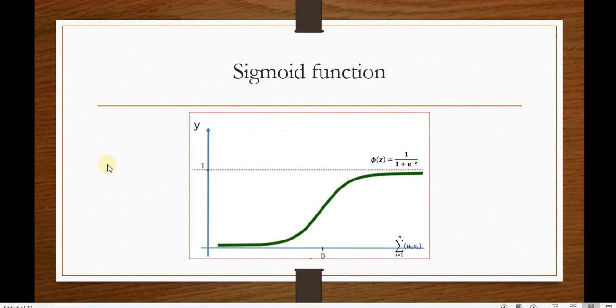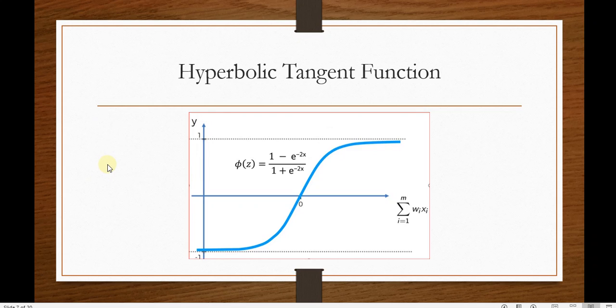But here, if you check this function, you can see that as I go along the negative axis, when I reduce the value of x from 0 to -1, -2 and so on, there is a change in the y value up to -1. So I am getting some reflection of changes for the negative values of x, which is not present in the sigmoid function, right?